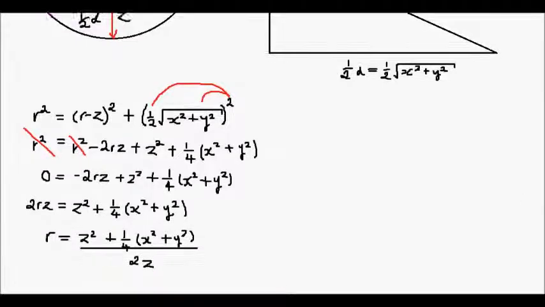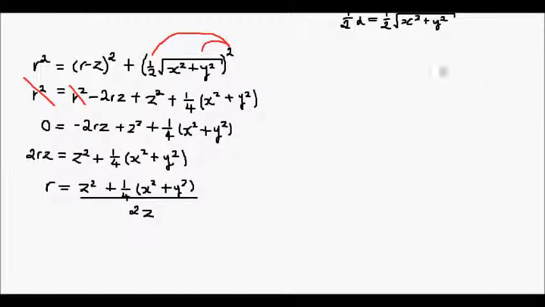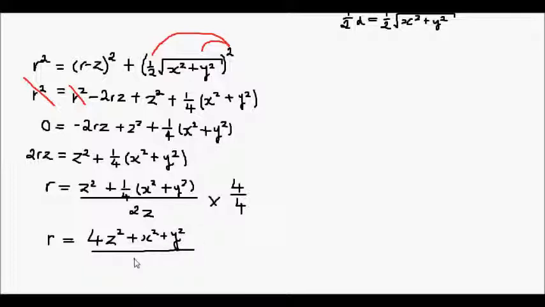I'm going to slightly beautify this equation by multiplying the top and bottom by 4. So that will leave me with r is equal to (4z squared plus x squared plus y squared) divided by 8z. Let me write the 8z a little bit more neatly.